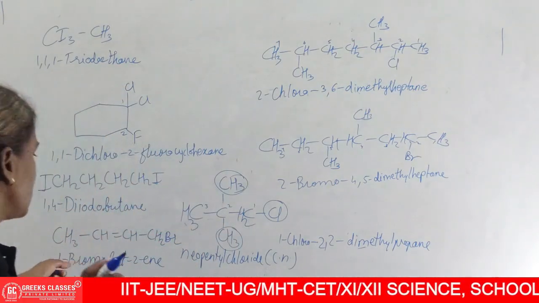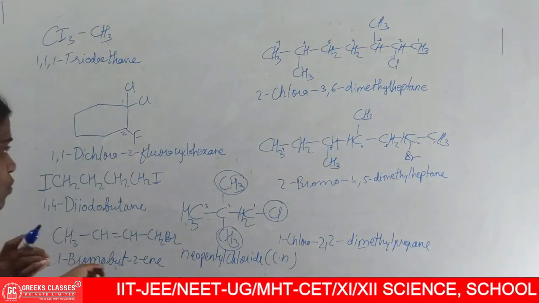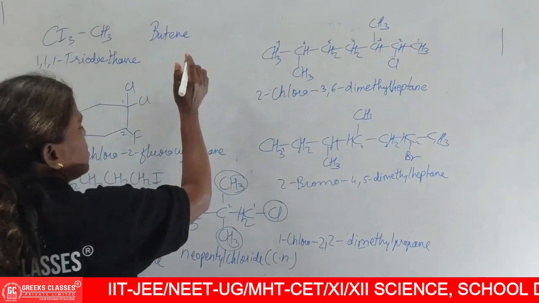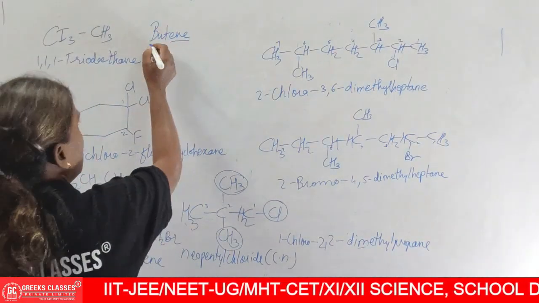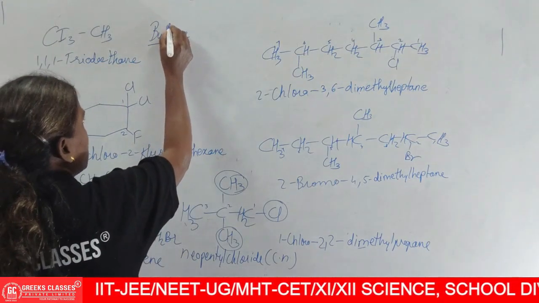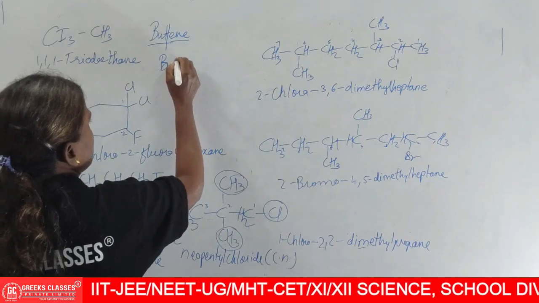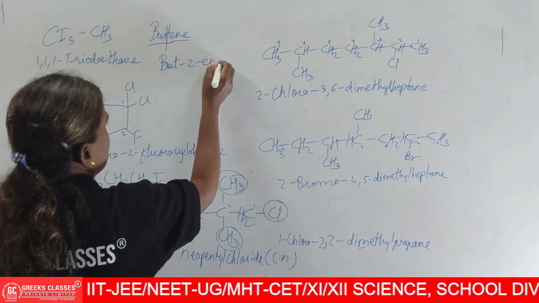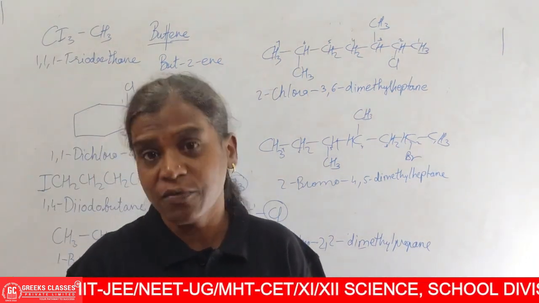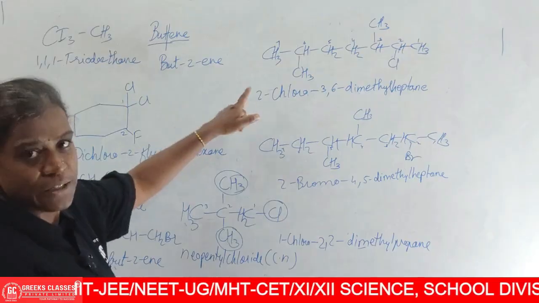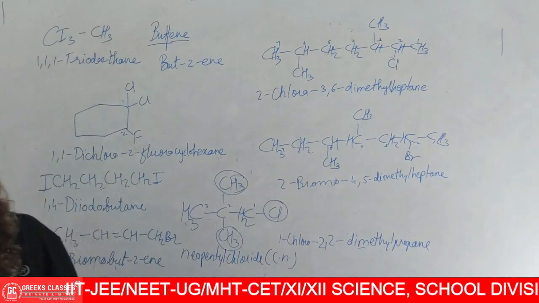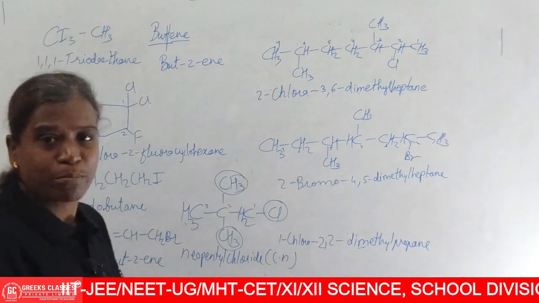You cannot write this as 1-bromo-2-butene. No, you need to write butene. We know that if a double bonded system is there, ene will be the ending. There are 4 carbons, so it is but, so butene, but then you need to introduce the number, so it will be but-2-ene. As I have already told you, the number and alphabet will be separated by a hyphen. So the name is 1-bromobut-2-ene.